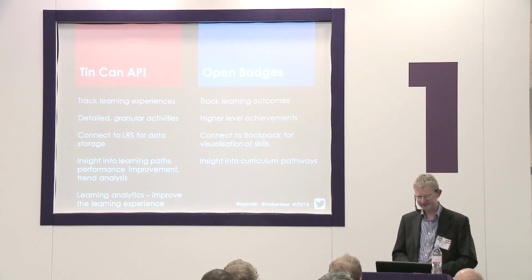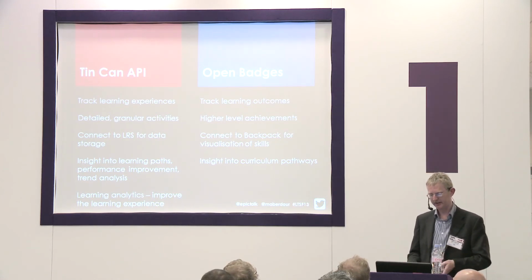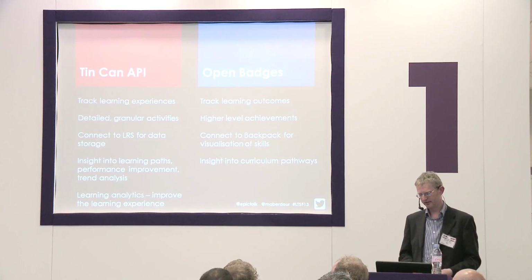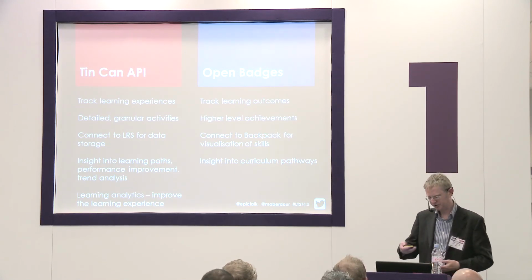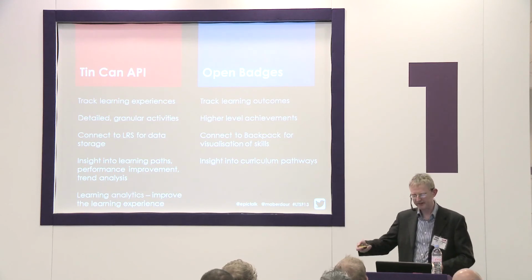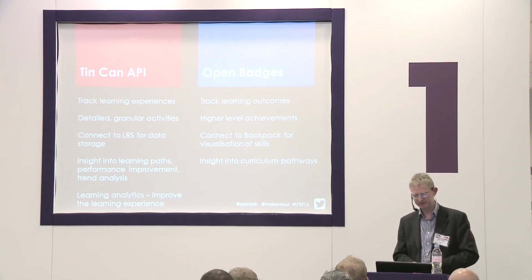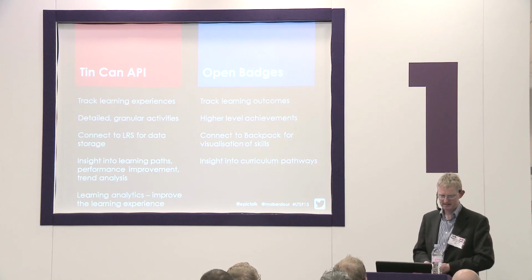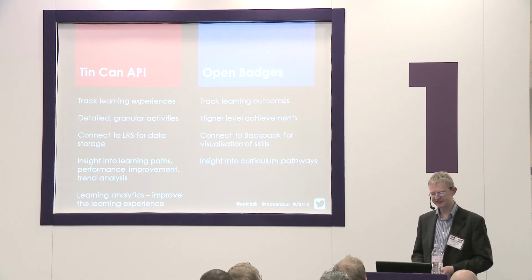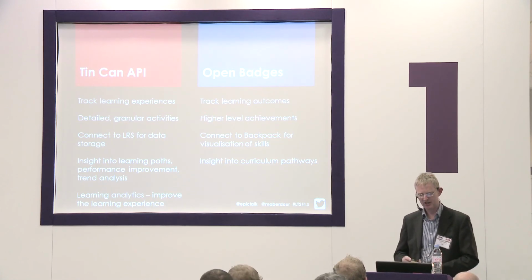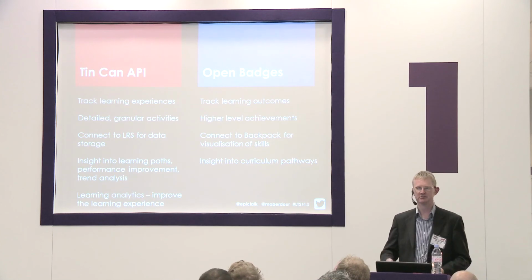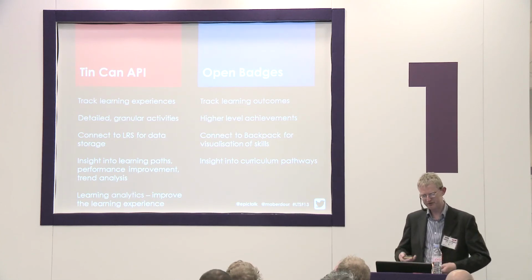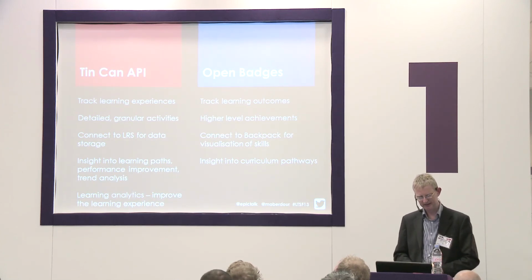In terms of what they give insight into, Open Badges will obviously give insight into a curriculum pathway. Rather than just having a CV that says, I've done a software engineering degree, it will show you what modules and what topics you've achieved on the way to achieving that higher level degree. With the Tin Can API, the insights are more about the learning paths and the more detailed learning experiences, the performance improvements, how behaviour has changed as a result of doing this and that, and doing that kind of trend analysis that we saw earlier.